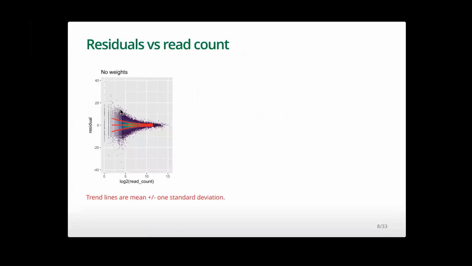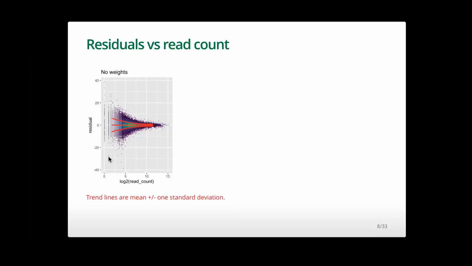Okay, now I want to look at some residuals. So we fit all these models, get residuals, pull them all together, and plot them in the one plot. The y-axis is the residual, and the x-axis is the log read count.